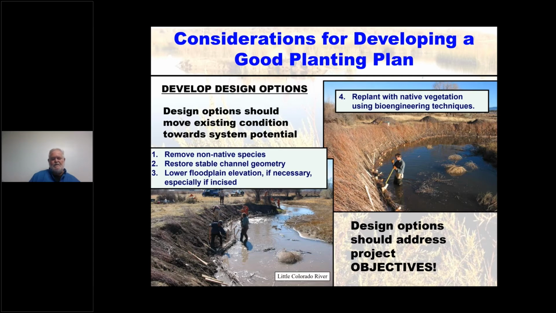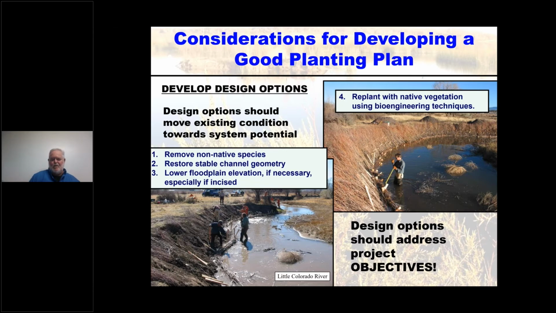The second thing is to restore stable stream geometry, the channel geometry. If you can get that channel geometry tuned to what the stream is, then it's going to be a lot more stable, and you can plant it a lot easier. Number 3 is you want to lower the floodplain if necessary, especially if it's incised.